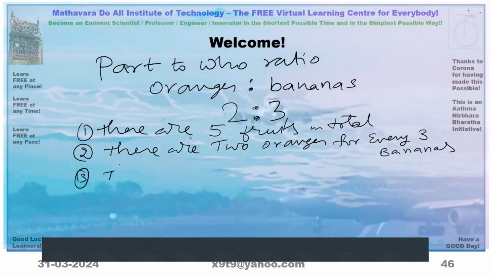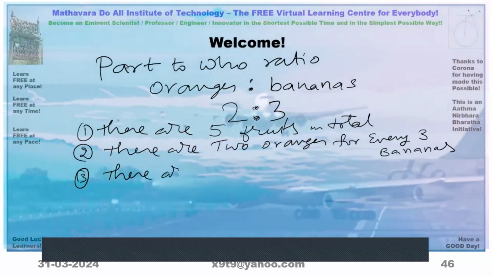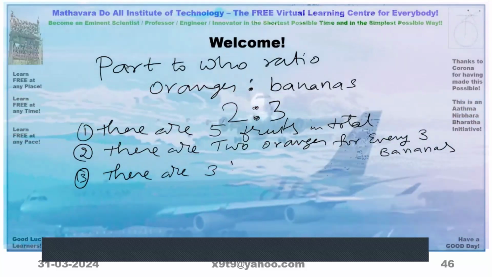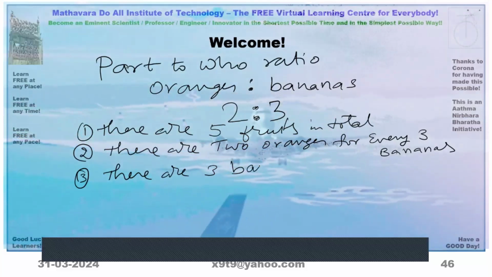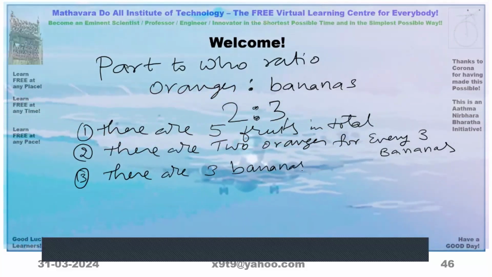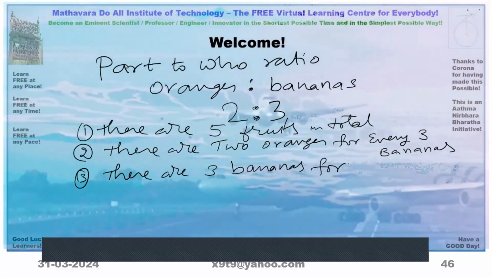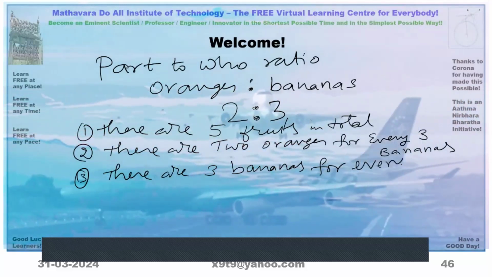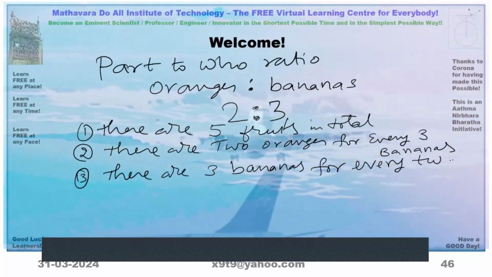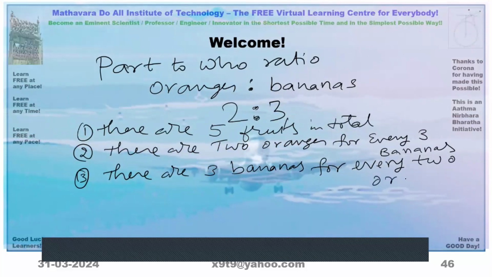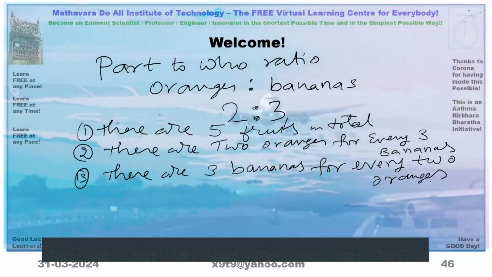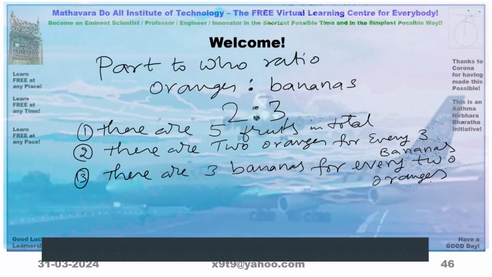You can also write there are 3 bananas for every 2 oranges.